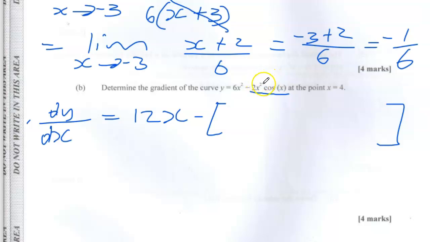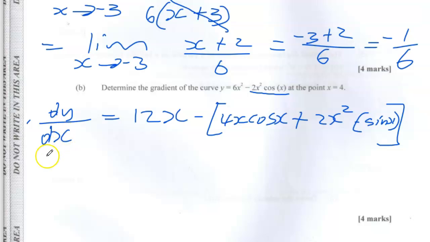So the product rule, differentiate the 2x squared, we'll get 4x. We'll leave the cos x alone. Plus, this time now we'll leave the 2x squared alone. And differentiate cos x, we end up with negative sin x.